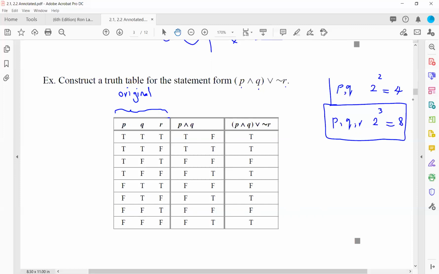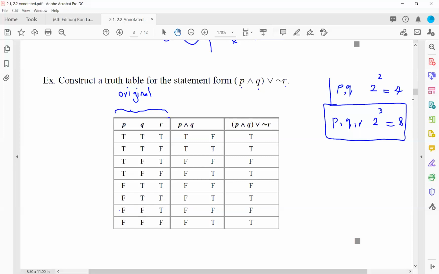P can be true, Q can be false, R can be true. P can be true, Q can be false, R can be false. Okay, what if my P is false now? P can be false, Q can be true, R can be true. P can be false, Q can be true, R can be false. P can be false, Q can be false, R can be true. And last row, P can be false, Q can be false, R can be false.